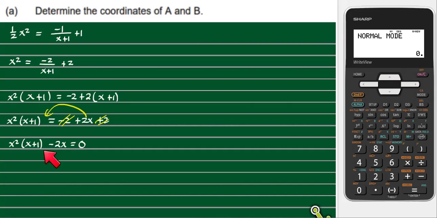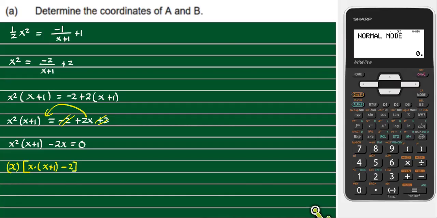Well, I can multiply inside or pull out x as a common factor. If I pull x as a common factor, I've got x times the bracket x plus 1, minus the 2.